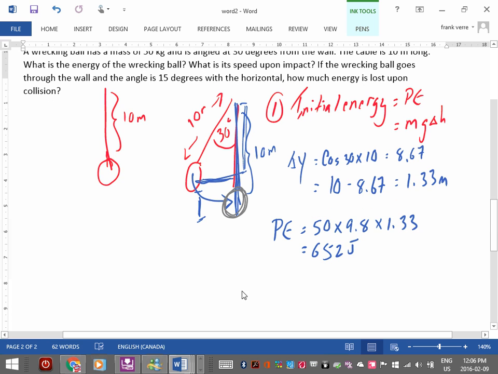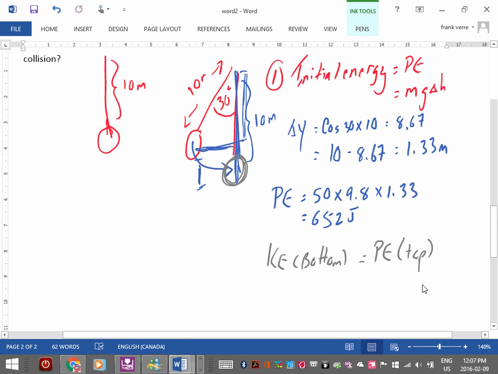At that point, the kinetic energy at the bottom should equal the potential energy at the top. If the potential energy at the top is 652 joules, we can figure out the speed, because what's the formula for kinetic energy?